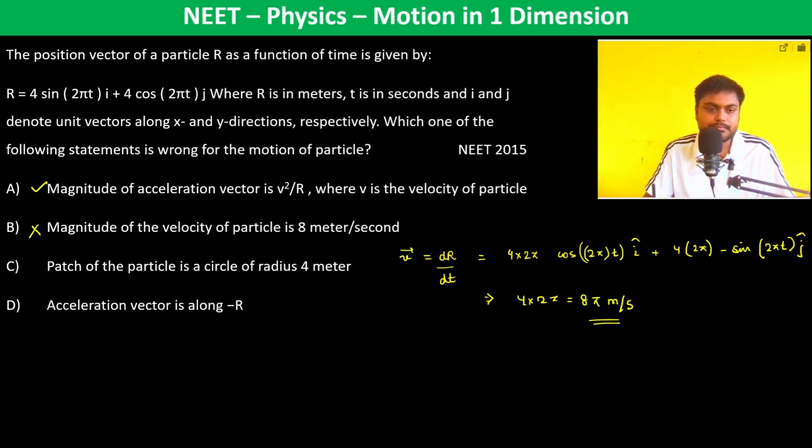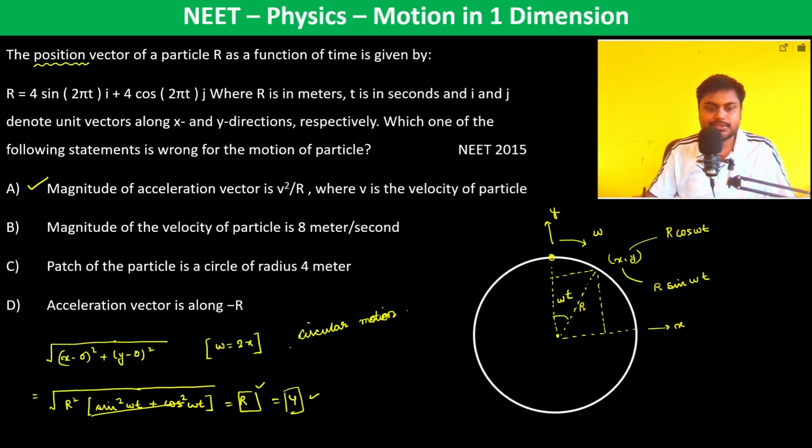Okay, this is right. The third one: path of the particle is a circle of radius 4 meter. Yes, as we have seen here, the distance from the center is 4. So yes, it is 4. The next one: acceleration vector is along minus r.